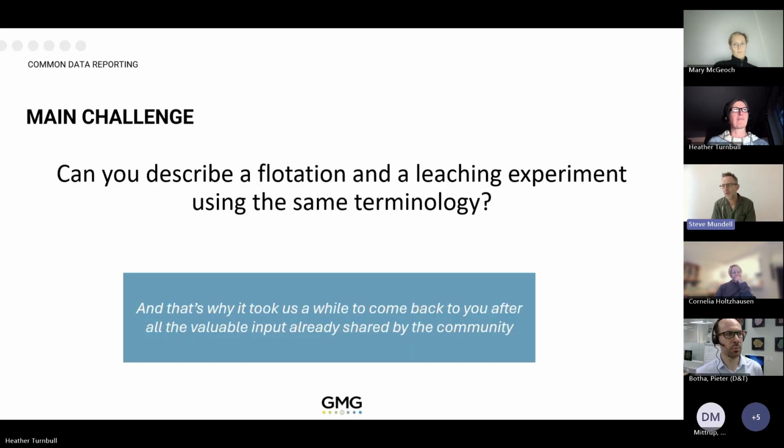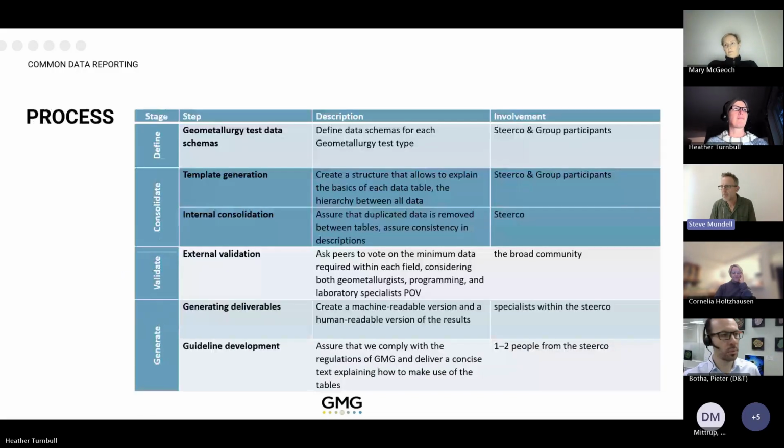Which is ultimately why it took us a long time to come to this point, because we've had a lot of valuable input already shared by the community, which we're going to talk about today. And we've got to a point where we think we have a good structure to move forward. Next slide, please.